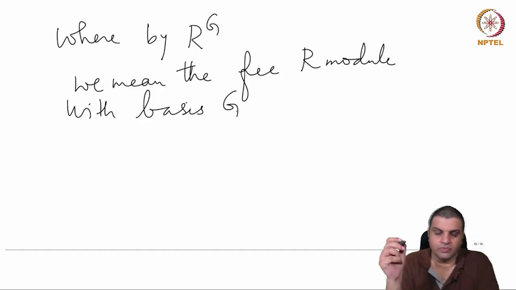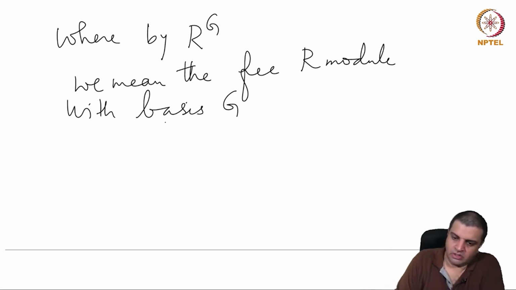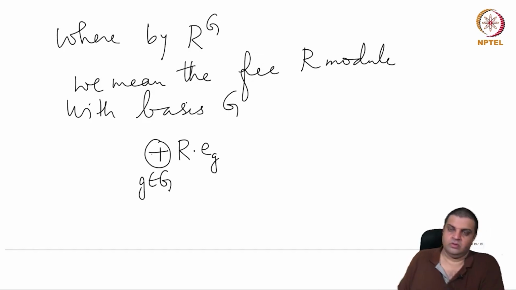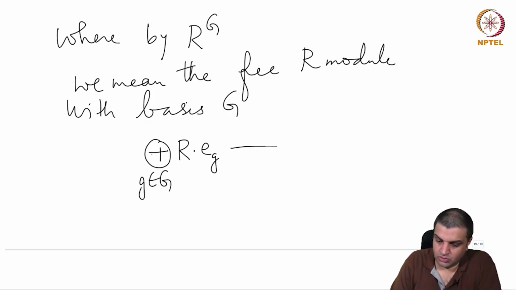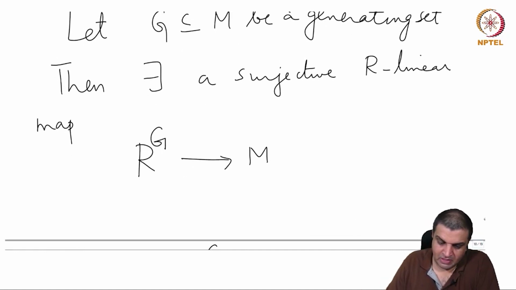I didn't define basis now, it will be in the exercises. So immediately after this lecture, we should also work out that part about the basis. So in other words, it's a direct sum of R with some basis element that is indexed by G, to M. Sorry, I have not defined the map.